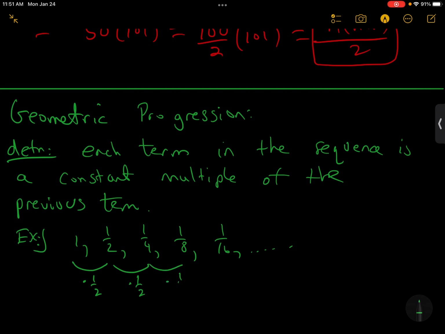To get from a 4th to an 8th, I multiply by a half. To get from an 8th to a 16th, I multiply by a half. So this is a geometric progression. Each term is a multiple of the previous term, and that's a constant multiple. In this case, the thing you multiply by is called the rate, and A is always the first term.